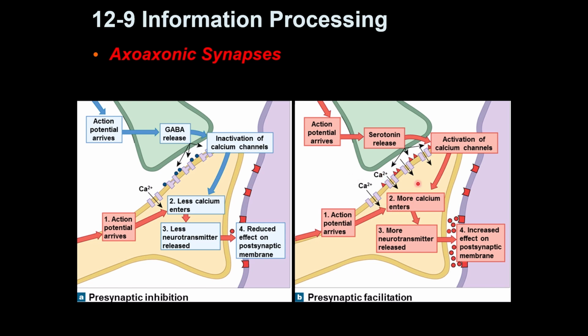When more calcium enters, more vesicles attach to the presynaptic membrane, more neurotransmitters are released, and those neurotransmitters attach to these channels and stimulate the postsynaptic membrane a lot more. So depending on the type of neurotransmitter that is released from a third neuron, the final outcome will be very, very different.